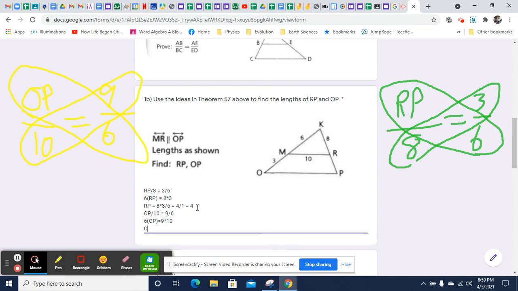And then that means OP is going to equal 9 times 10 all over 6. I can factor a 2 out of the 10 and a 3 out of the 9, making the 6 become a 1. And so that will end up leaving me with a 3 left over from the 9 and a 5 left over from the 10. That's all over 1 now. So that's just 15. And that's what I predicted that OP would be.